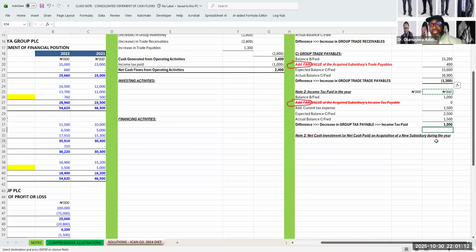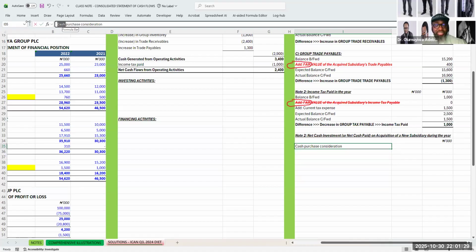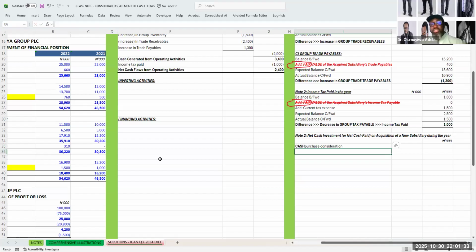When we acquire a subsidiary, what we are interested in is the cash consideration. We are not interested in the entire consideration for cash flow. We are interested in the cash. What is the cash purchase consideration?